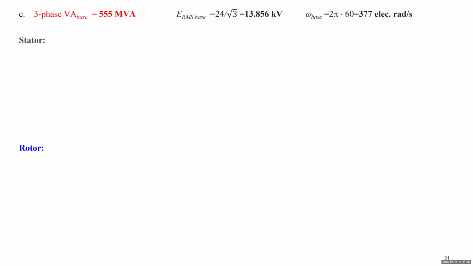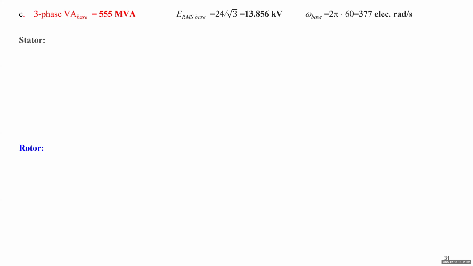But so far we only have the three-phase power base, which is 555 MVA, but we do know the 24 kV is actually the line-to-line voltage in the RMS value. So we divide 24 by √3. This will give you the voltage of each phase.